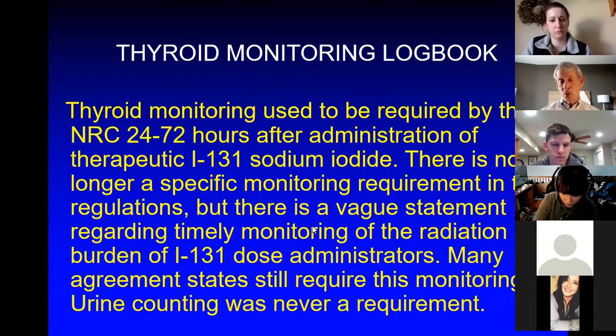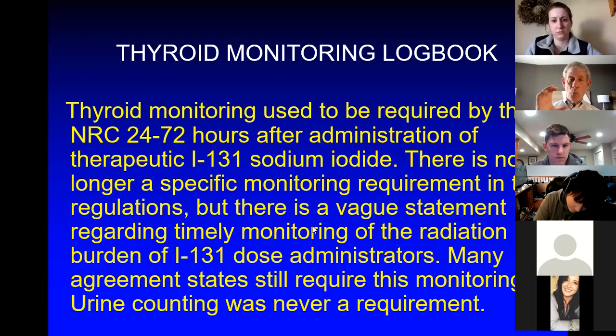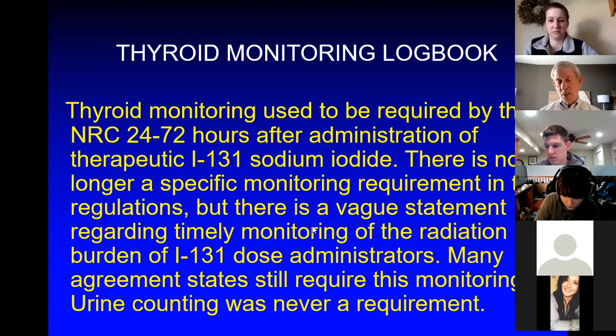There's no guidance whatsoever. So what people routinely do is they check the thyroid of the dose administrator 24 to 72 hours with a special probe calibrated for iodine 131. Technetium probe will not be appropriate at all. So I just hope you don't get that question, because the correct answer is it's no longer really specified in the regulations.